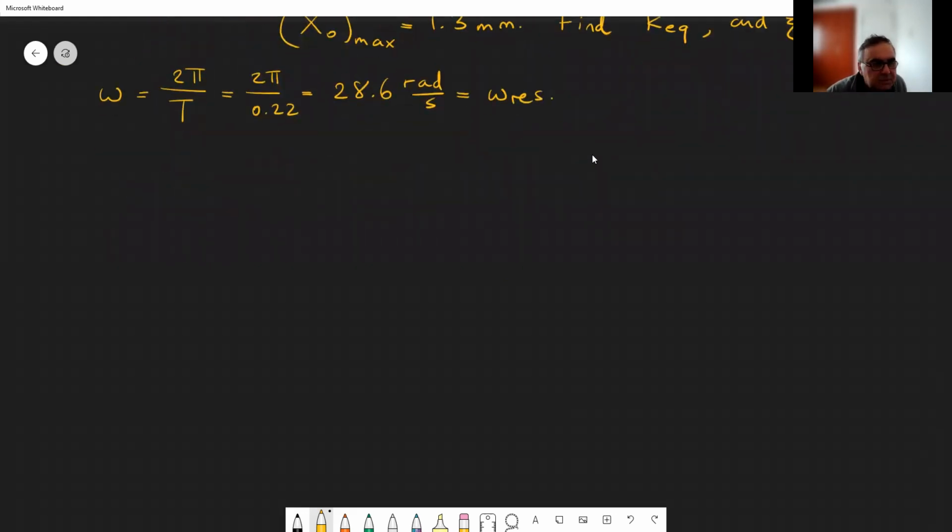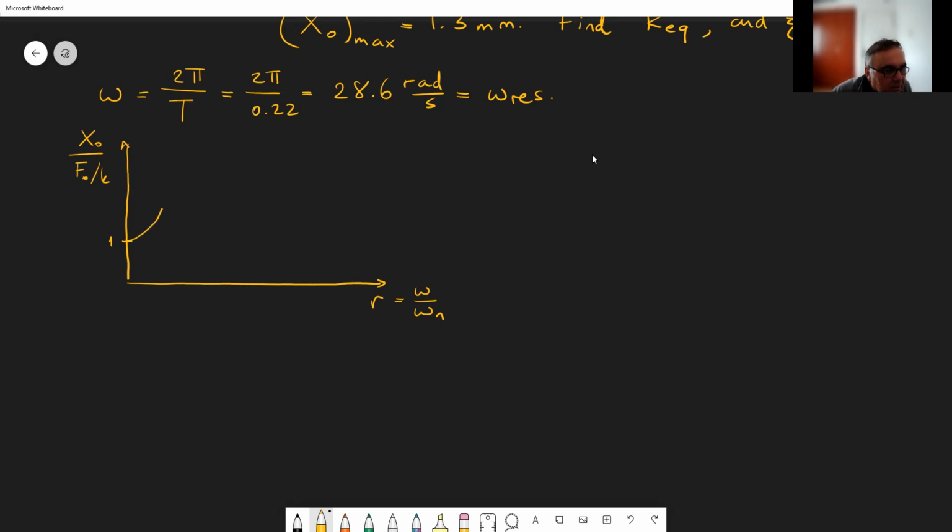So if you look at the frequency response curve for this system, this is R equals, let's say, omega over omega n, and this is X0 over F0 over k. It starts from here, 1, makes a peak, and then goes down. Okay. What we are really measuring is here, the maximum.